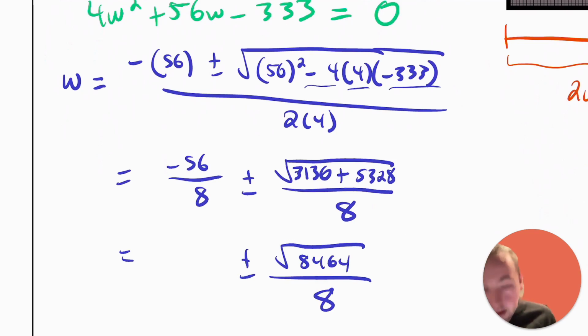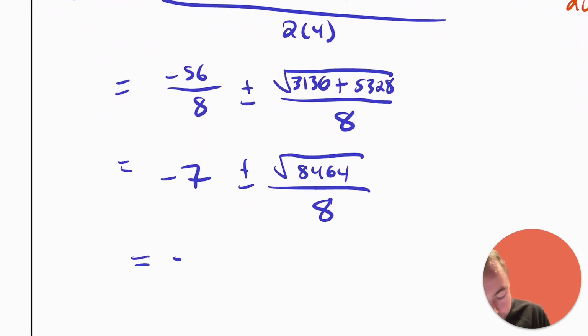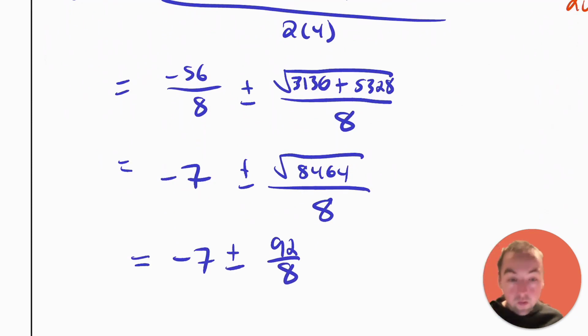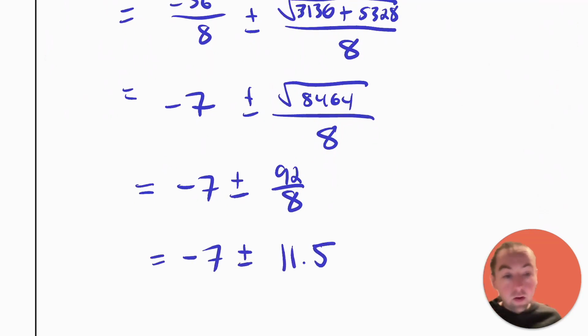That's over 8. And then negative 56 is actually divisible by 8. Let's just get negative 7. If I square root the 8464, it turns out that we get a very nice number because 8464 is a perfect square. So we actually just get 92 over 8. And then if you do 92 divided by 8, you get a pretty decent decimal number of 11.5.